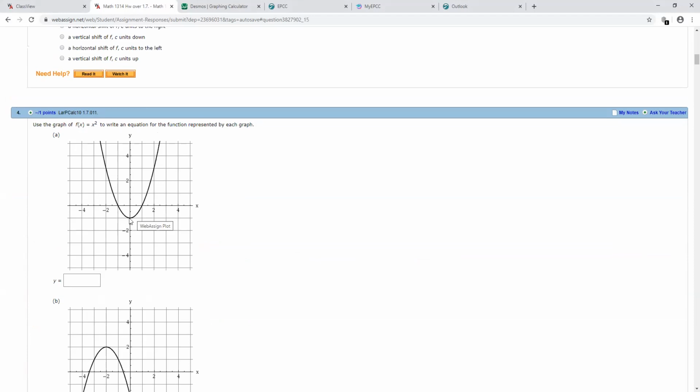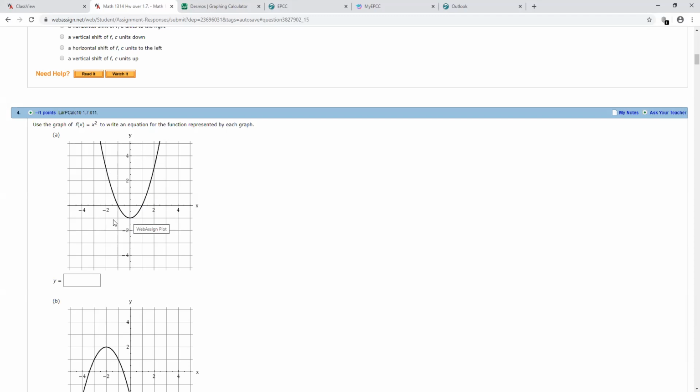And remember, the key points: on the parabola, you go over 1 unit and up 1, and you should be on the graph. If you go over 2 units, you should go up 4 and be on the graph. So this is 2 over, 1, 2, 3, 4, and you're back on the graph. Same thing on the left: 1, 2, and then up 4.